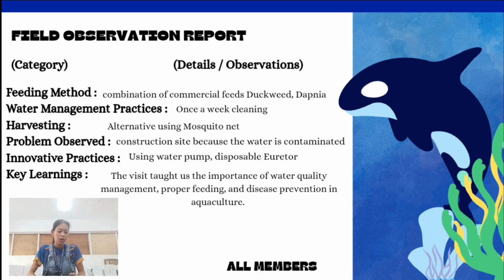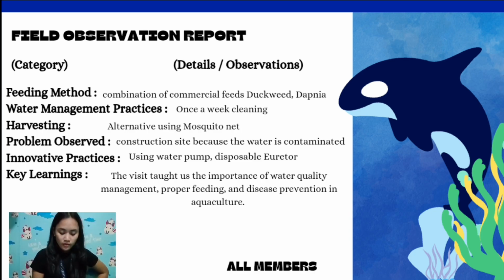Problem observed. One of the problems observed at the site was water contamination due to the nearby construction activities. This affects the water quality and can stress the fish, so careful monitoring and filtration are important. Innovation practices.